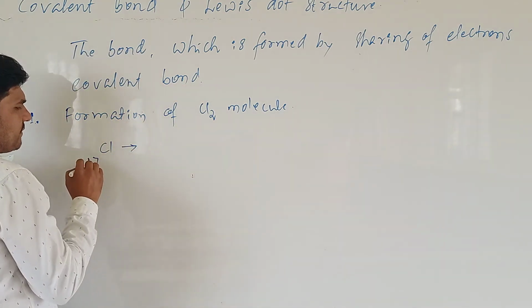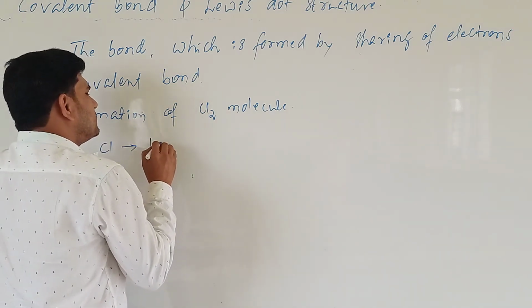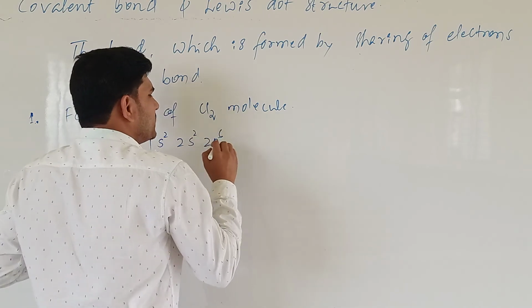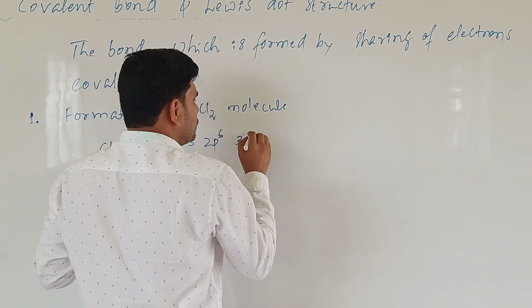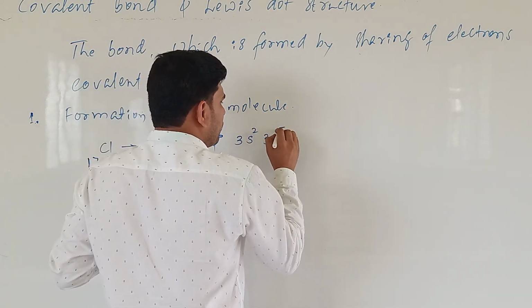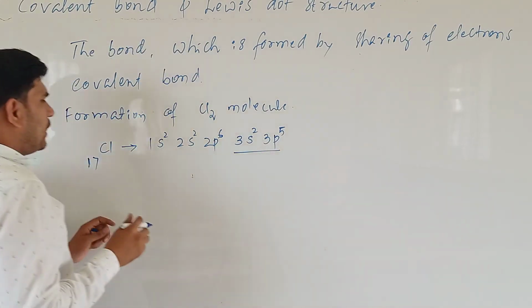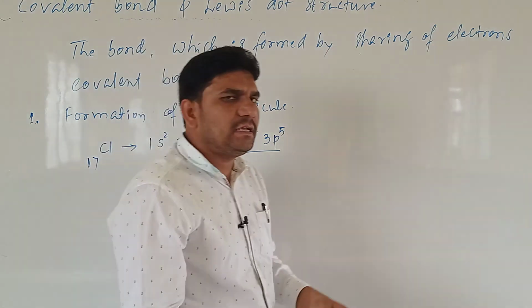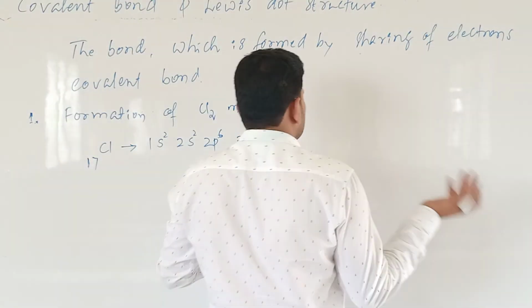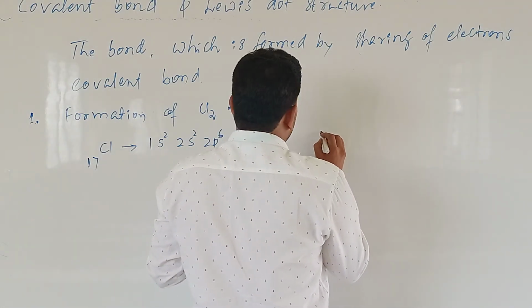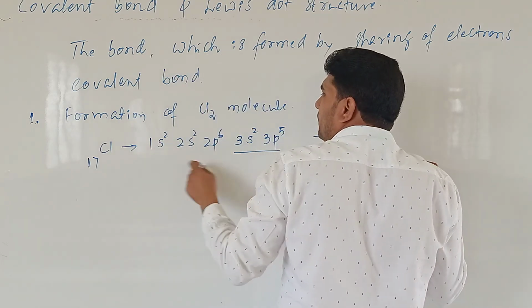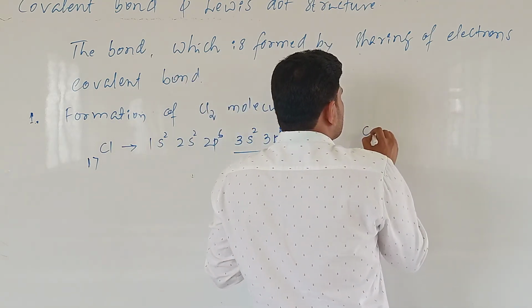Atomic number is 17. The electronic configuration of chlorine is 1s2, 2s2, 2p6, 3s2, 3p5. I think you know how to write the Lewis dot structure for the elements that I discussed in the previous class. Just go through that video class so that you will come to know how to write the Lewis dot structure.